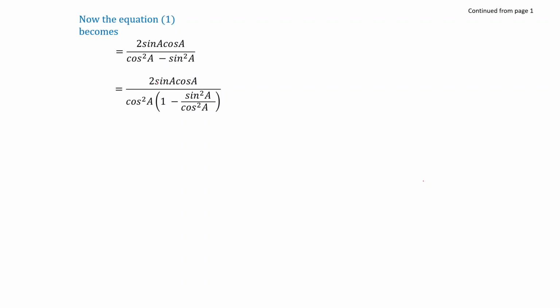The term in the numerator carries the same term as in the last equation. I have taken cos square a as a common factor: cos square a multiplied by 1 minus sin square a divided by cos square a. So when I take cos square a as a common factor, sin square a becomes sin square a divided by cos square a.